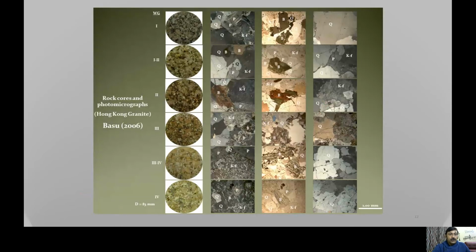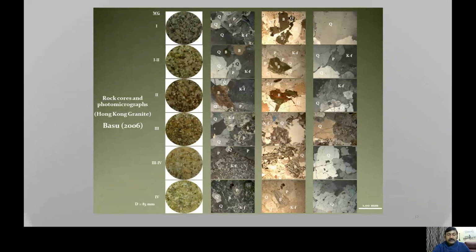This particular picture shows the rock cores and the corresponding photomicrographs, and as you can see, the weathering grades were assigned to these rock cores. It is to note that no soil material was investigated, and therefore the weathering grade that could be assigned to the materials were from grade 1 to grade 4.